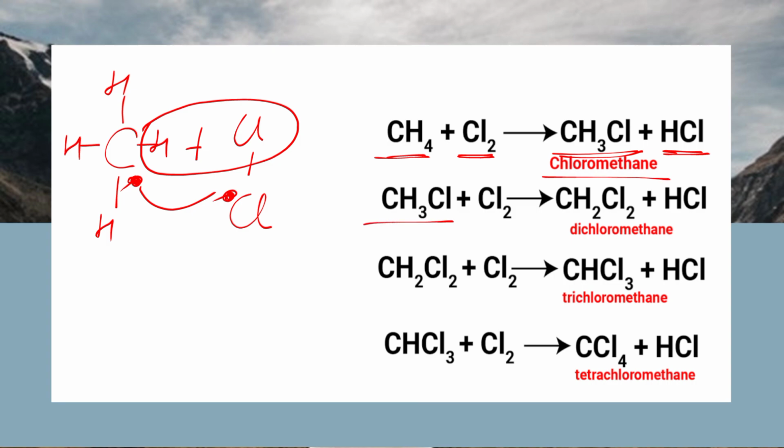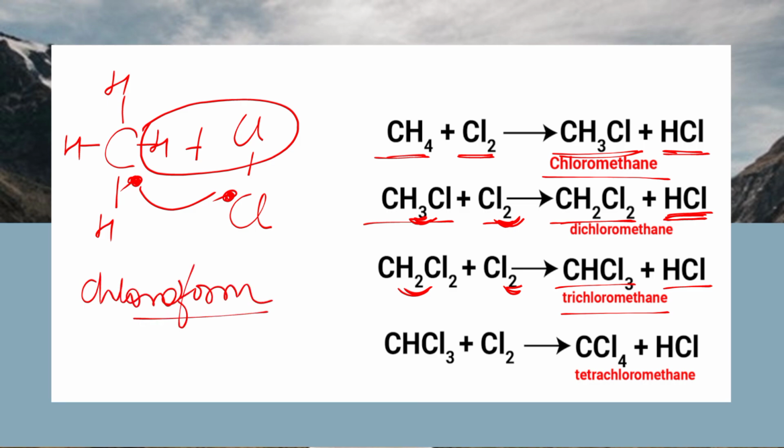Then the CH3Cl reacts again with Cl2, and one hydrogen from CH3Cl goes with a chlorine atom, forming HCl and CH2Cl2. Then again one hydrogen and one chlorine react with each other, forming HCl and giving CHCl3, which is known as trichloromethane or chloroform.